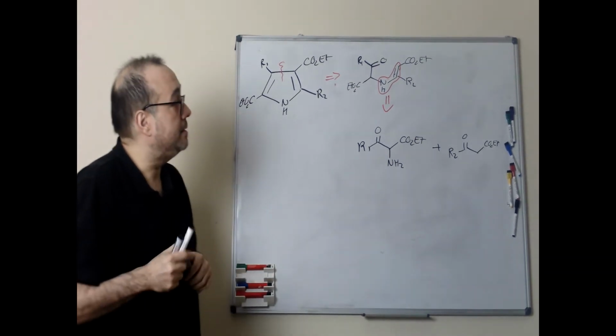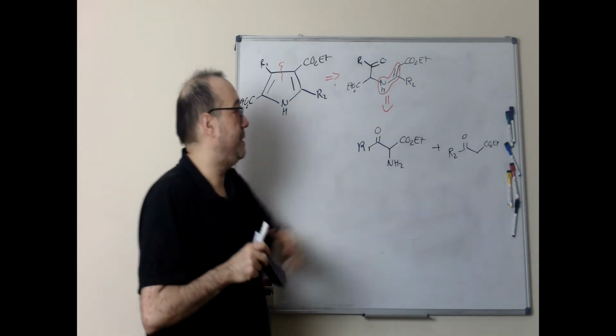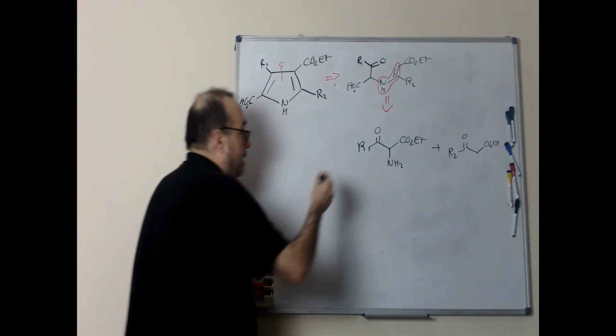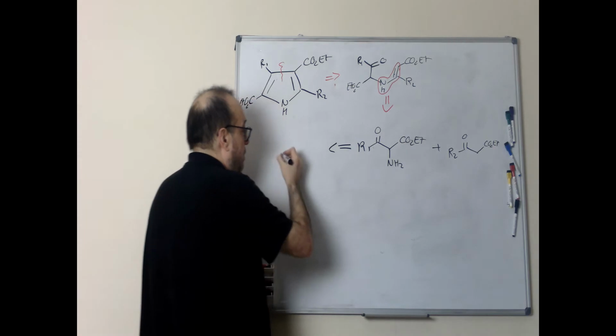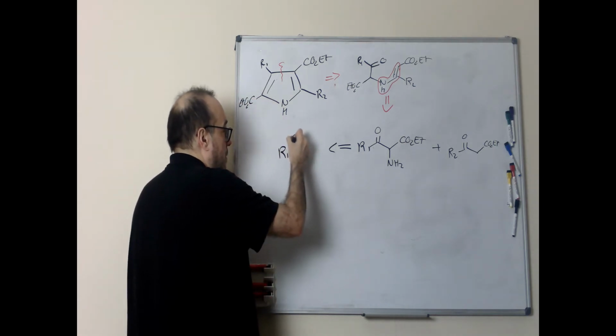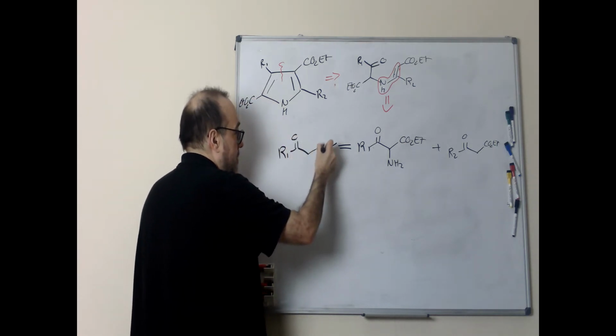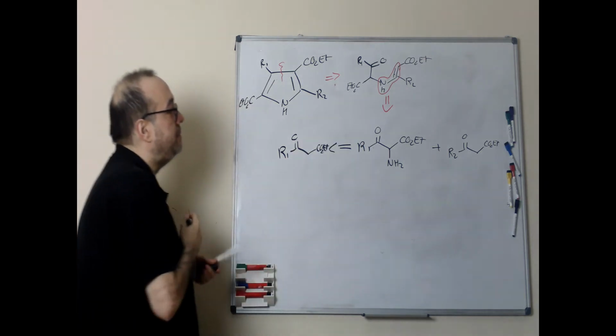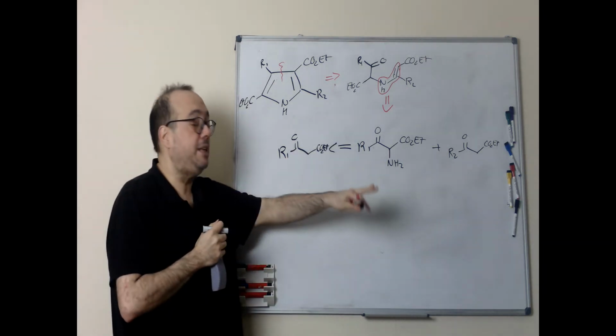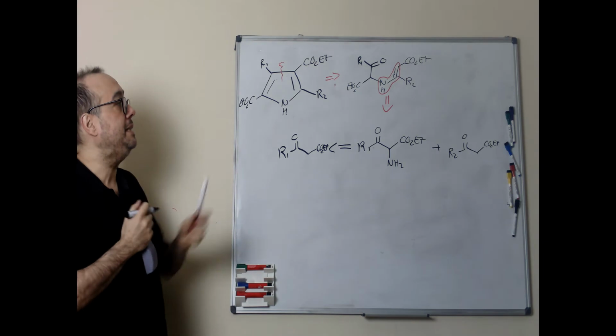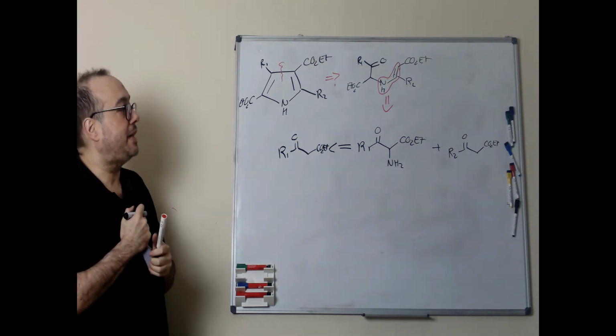These are the precursors to synthesize this, and these can come from a ketoester. Okay, that means that we need only two different ketoesters or the same ketoester, and we can synthesize this type of pyrroles.